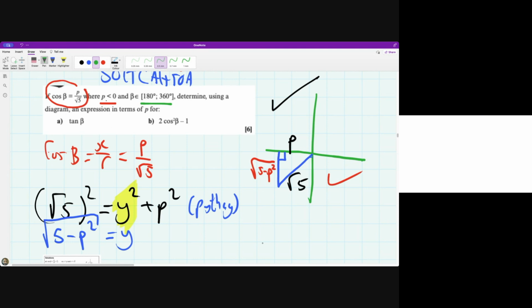Okay, now you guys and girls need to tell me, what is the tan of beta in terms of p? What is the tan of beta in terms of p?